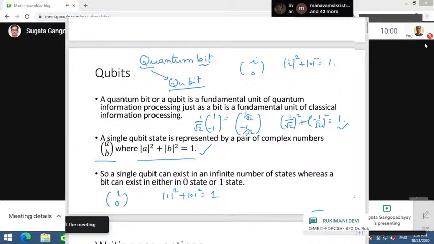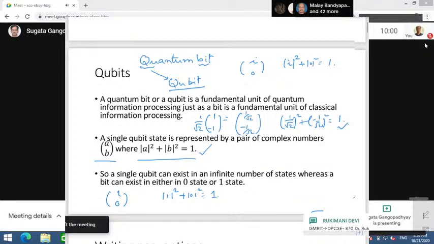It is not possible to "read" a quantum state, I'm putting it within quotes, there is a reason for it, and know its exact value.